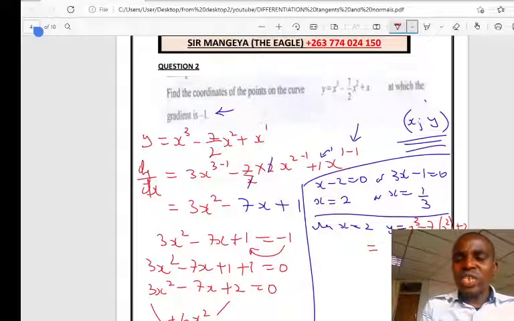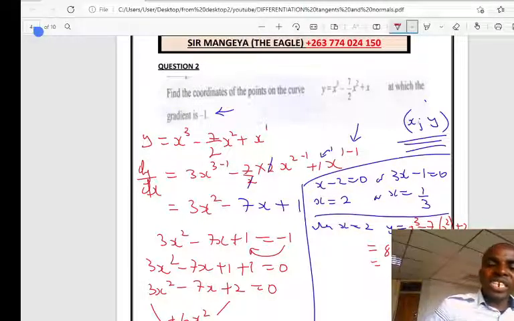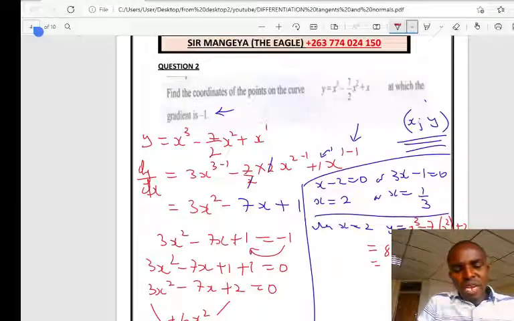Everywhere there's x, you just put 2. Then 2 cubed is 8, minus 2 squared is 4, 4 divided by 2 is 2, 2 times 7 is 14, then plus 2. So 8 minus 14 plus 2. What do you get? You can use your calculator. 8 minus 14 is minus 6. Minus 6 plus 2 will be minus 4.